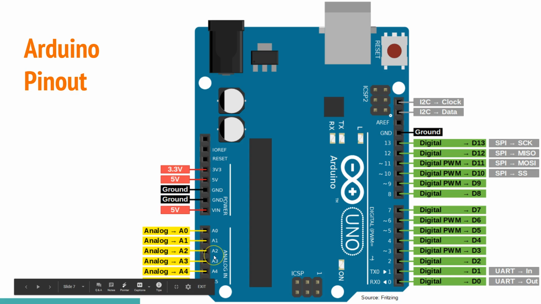Analog pins, they work more with hard-coded hardware, stuff that doesn't need to be constantly reading. So if you're using something like a potentiometer, it's basically a twist knob.